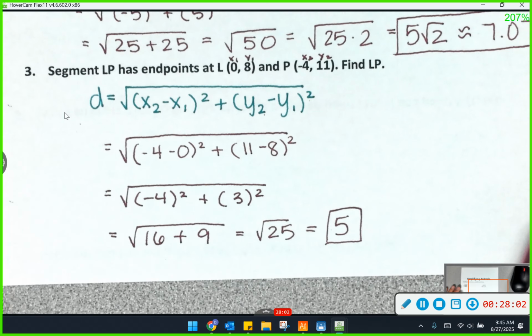Yeah. A negative and a negative is the same. Is there a plus right there? What is negative 4? I thought two negatives.